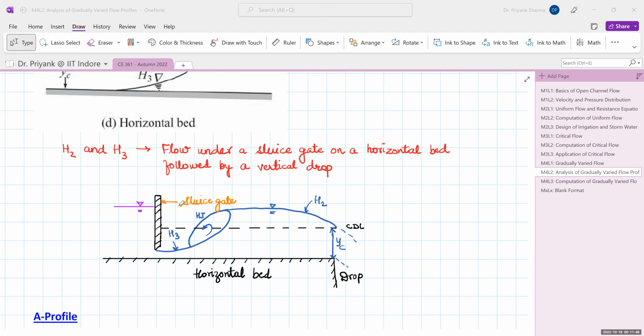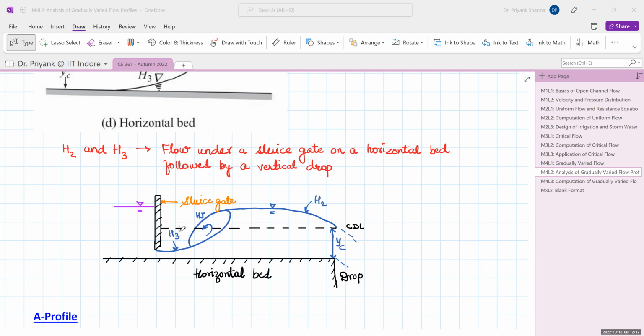So this is a sluice gate, and the flow is going from the sluice gate. Now remember, on a horizontal bed your YN would be infinity. So there is a very high, infinite depth pool of water. When flow comes below the sluice gate, it is a supercritical flow, and to join this pool a hydraulic jump has to be formed to cross the CDL.